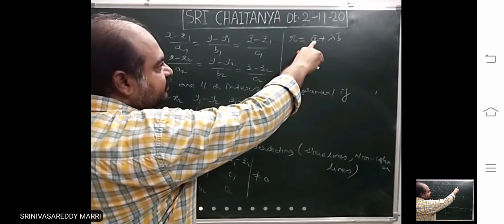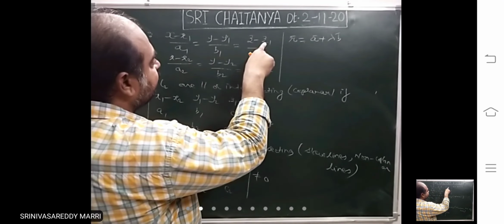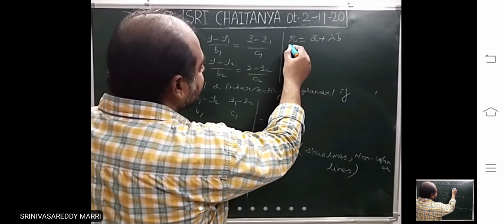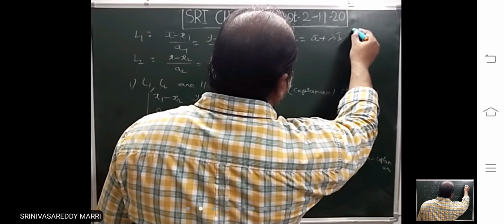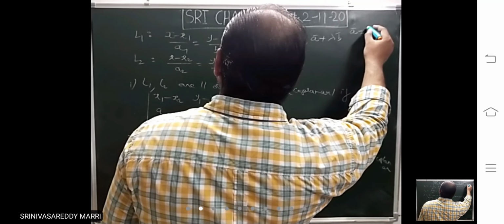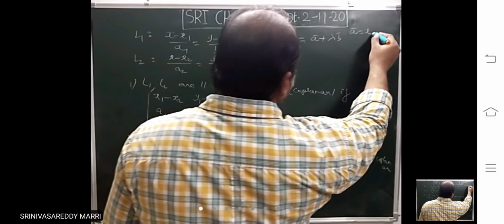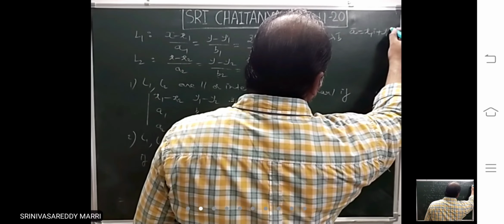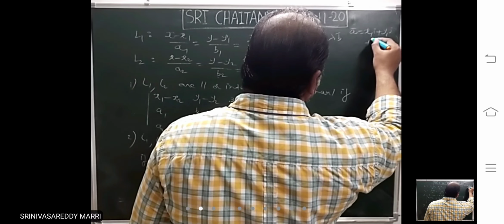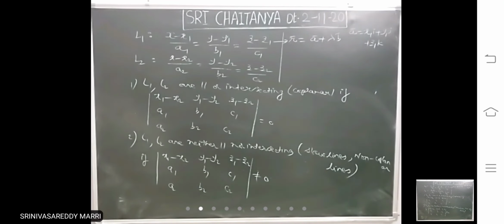What is the point here? x1, y1, z1. So for this line, A bar is the position vector x1 i plus y1 j plus z1 k.